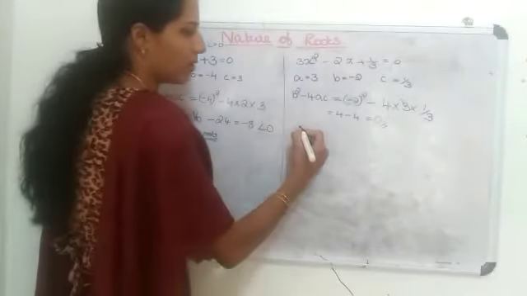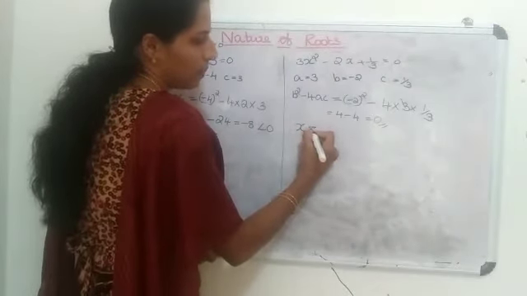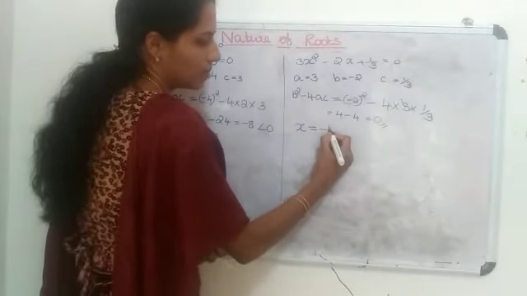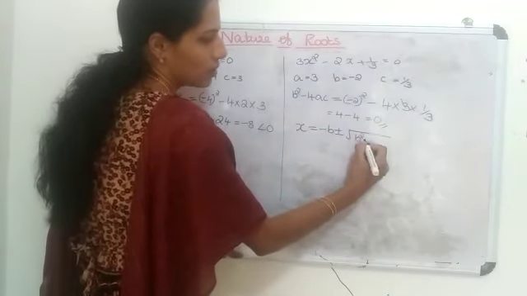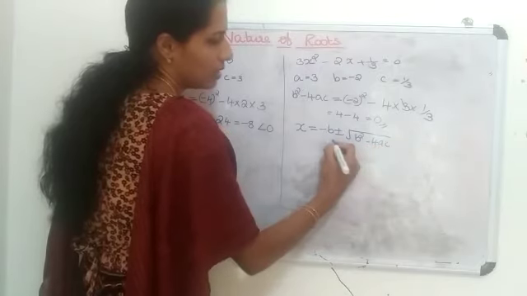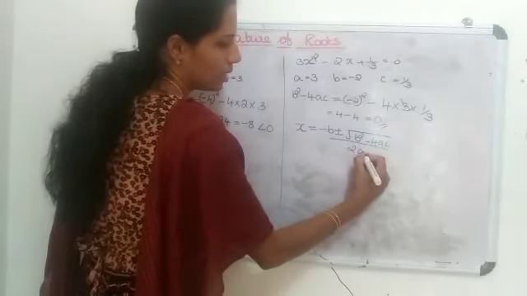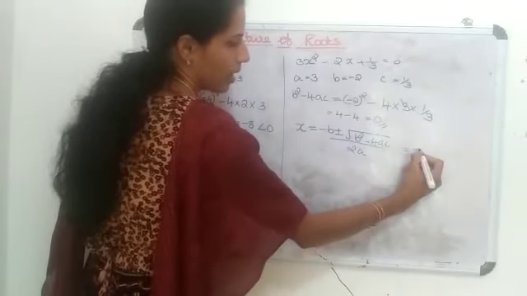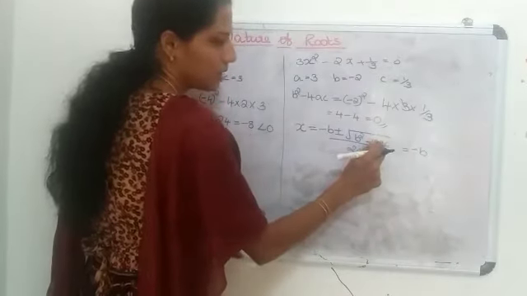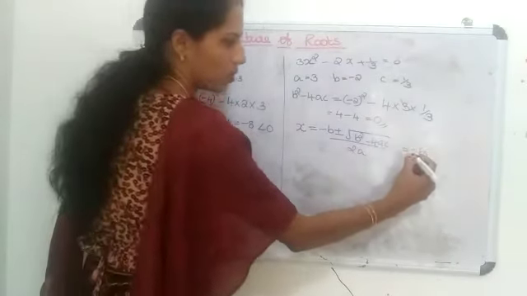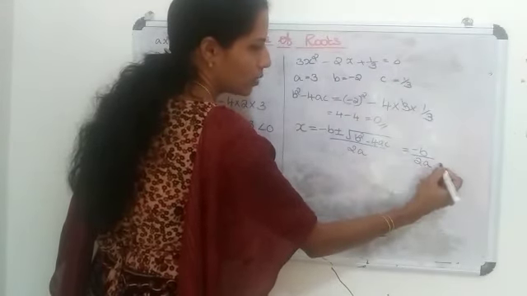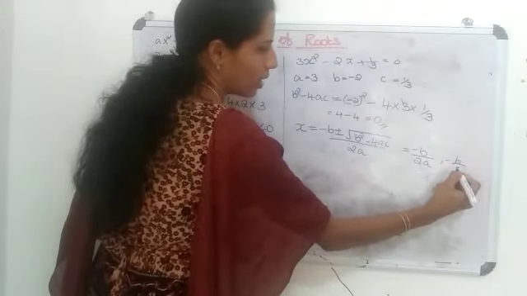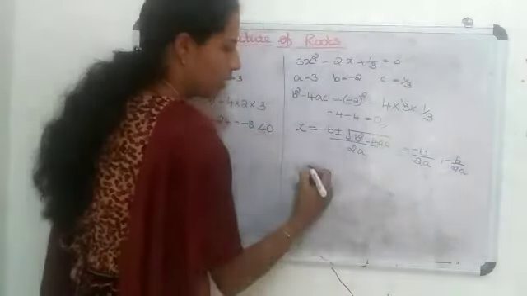Hence we can find x. x is minus b plus or minus root of b square minus 4ac divided by 2a. Here b square minus 4ac equal to 0, so we can write minus b by 2a and minus b by 2a are the two equal roots.